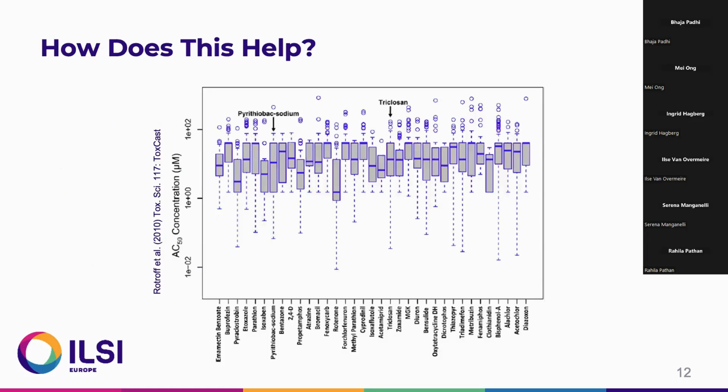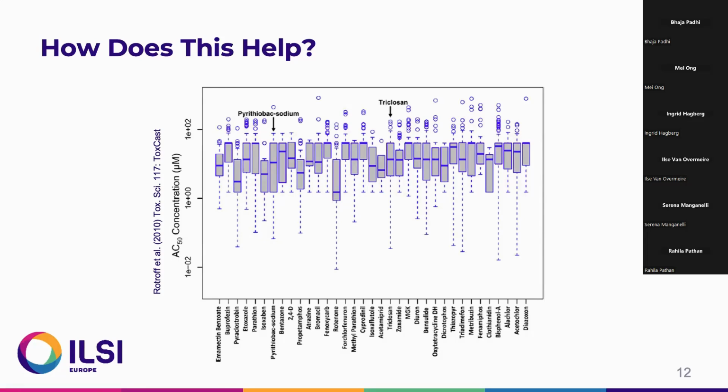But this is what came out, at least this is what used to come out back in 2010 when they started. So on the x-axis here, you've got a whole list of chemicals that they tested in some 700 plus in vitro assays. And on the y-axis here, you have the median effect concentrations in each of these in vitro assays. And I don't know about you, but it's very hard to discern which of these compounds are a greater risk for you and me and which ones are not.